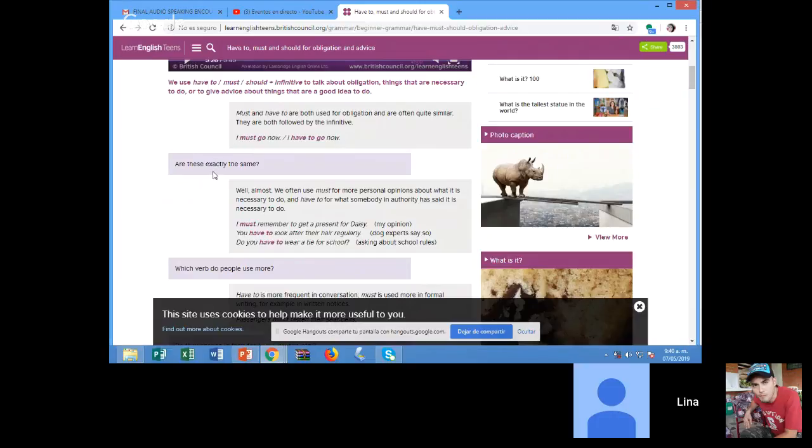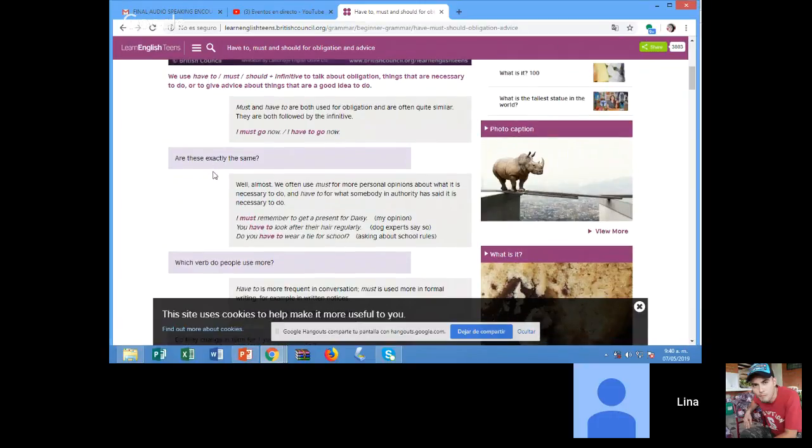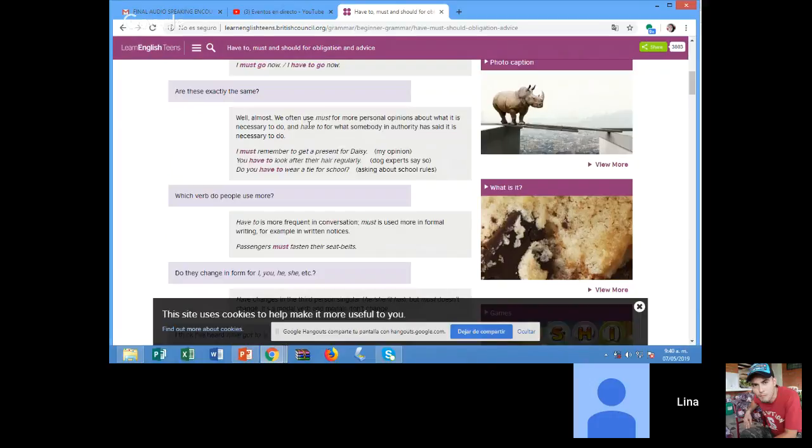So, are these exactly the same? Well, almost. We often use must for more personal opinions about what is necessary to do, and have to for what somebody in authority has said it is necessary to do.